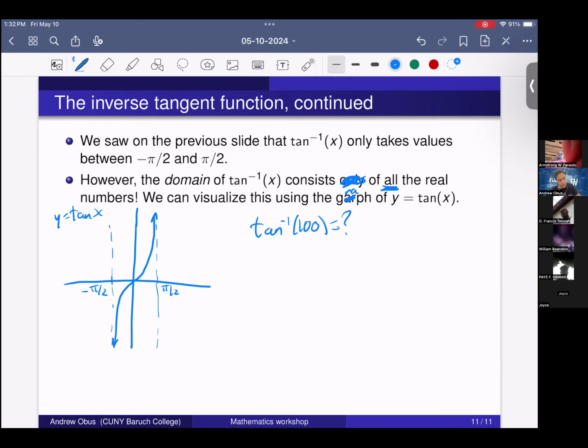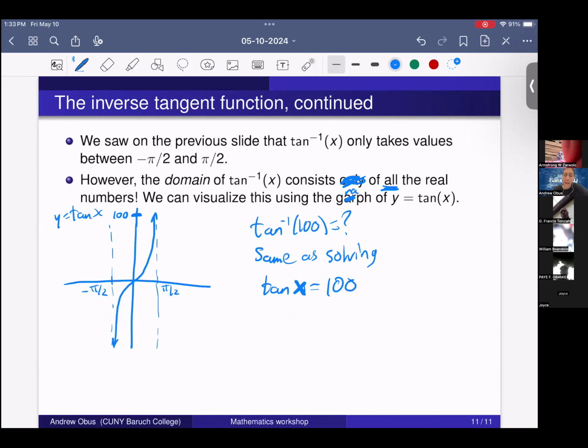Well, I don't know exactly, but I could go all the way up to the point 100 on the y-axis. To evaluate tangent inverse of 100 is the same as solving tangent of x equals 100.